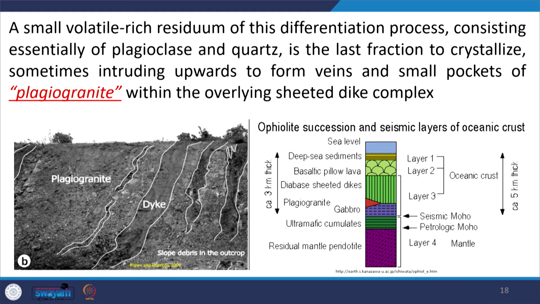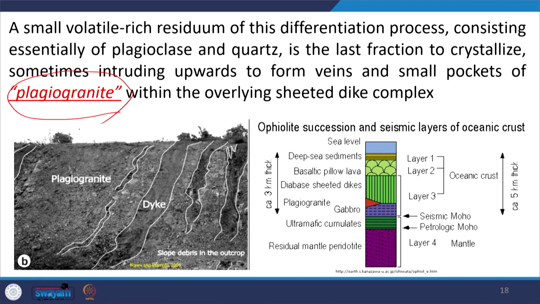A small volatile-rich residuum of this differentiation process, consisting eventually of plagioclase and quartz, is the last fraction to crystallize. Sometimes it is intruded at the base of the sheeted dike complex, and that is called plagiogranite.